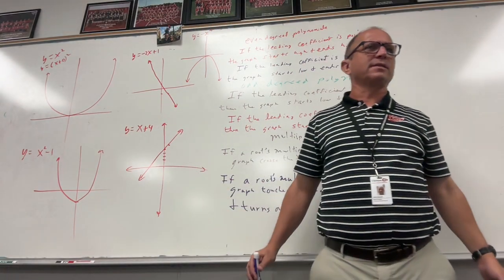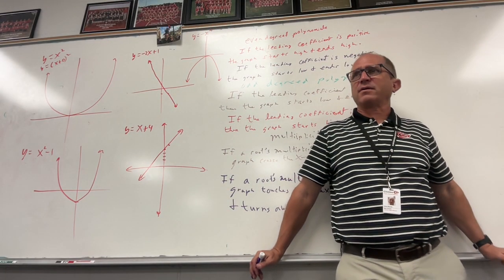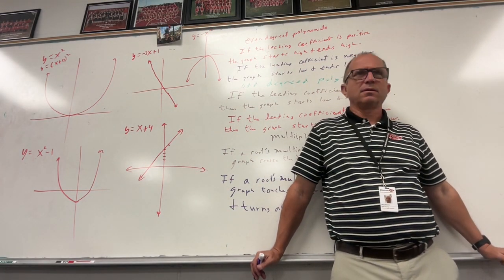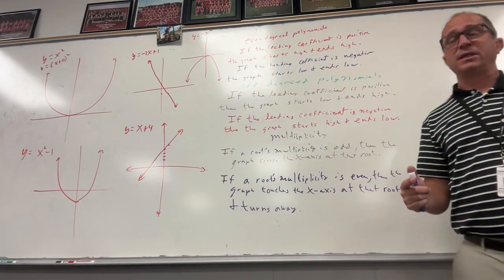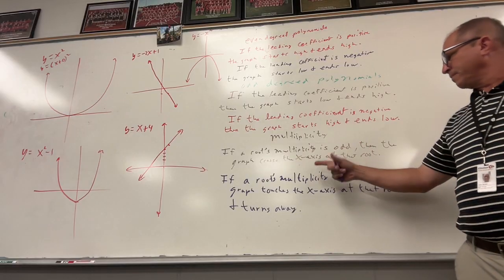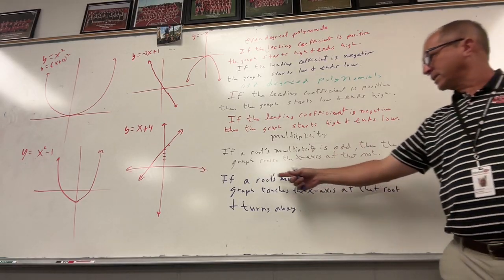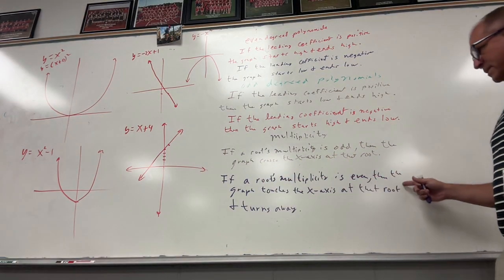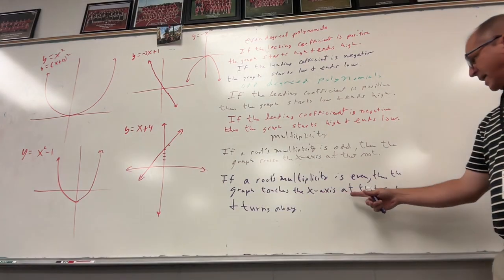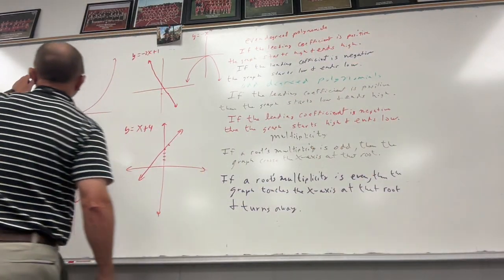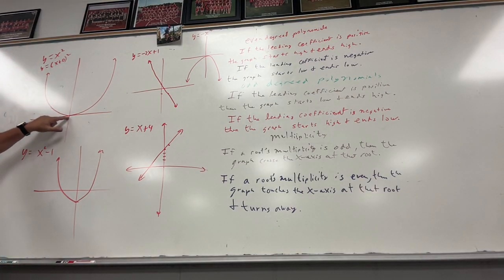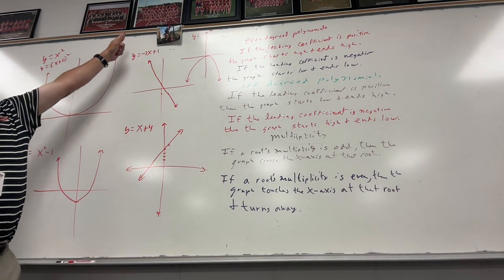What exponent is associated with that factor? 2. So that means that 2 is its multiplicity. And 2 is an even number. So it says, if a root's multiplicity is even, then the graph touches the x-axis at that root and turns away. What's happening? The graph comes here, it touches at the origin, and then it turns away. It goes back.